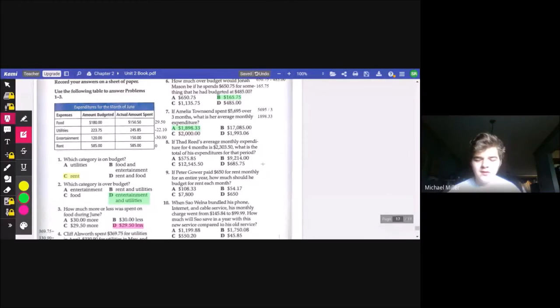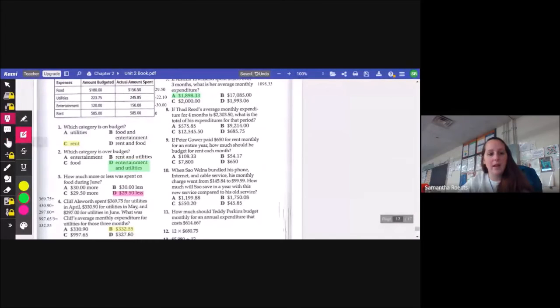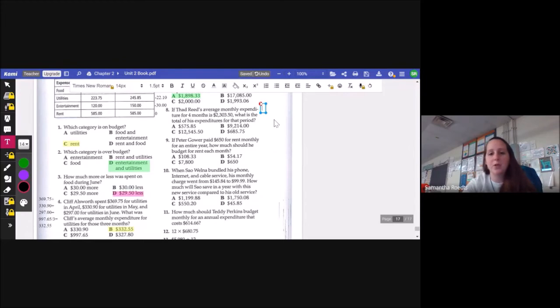And then 8, if Thad Reed's average monthly expenditure for 4 months is $2,303.50, so that's how much he spent every month, what is the total of his expenditures? I need to multiply: $2,303.50 times 4 months gives me $9,214.